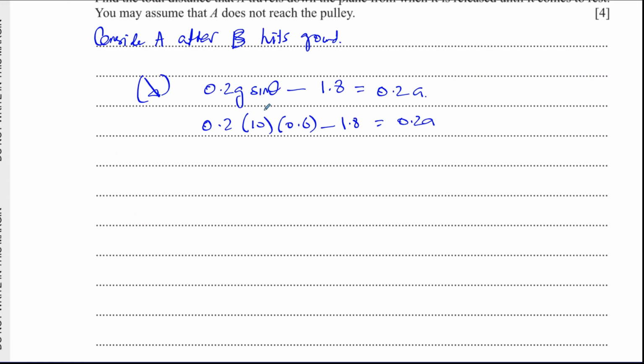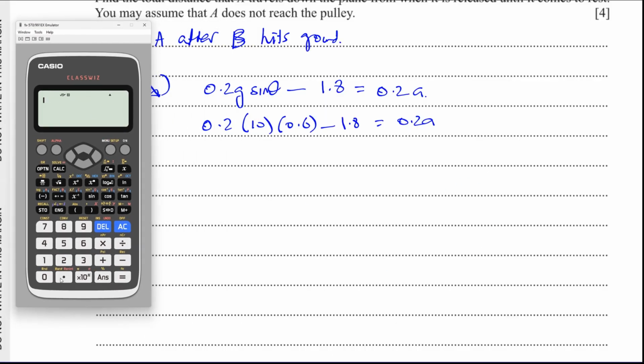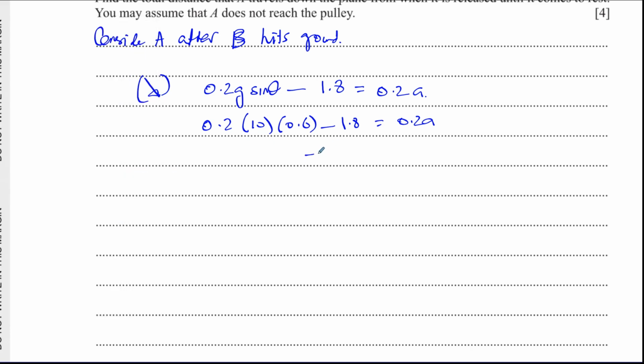Therefore we have 0.2 times 10 times 0.6, minus 1.8, that's minus 0.6, equals 0.2a.